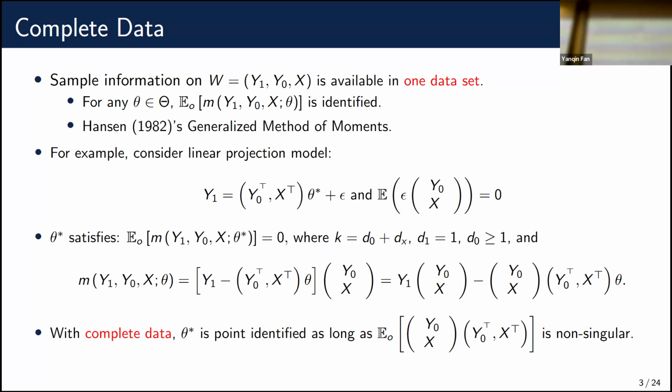Now with this, you see when complete data is available, we can estimate the mean of each term. The rank condition in this case means that the expectation of this matrix is non-singular. Given this rank condition, we can identify theta star: you just take the inverse of the expectation multiplied by the expectation of this term.